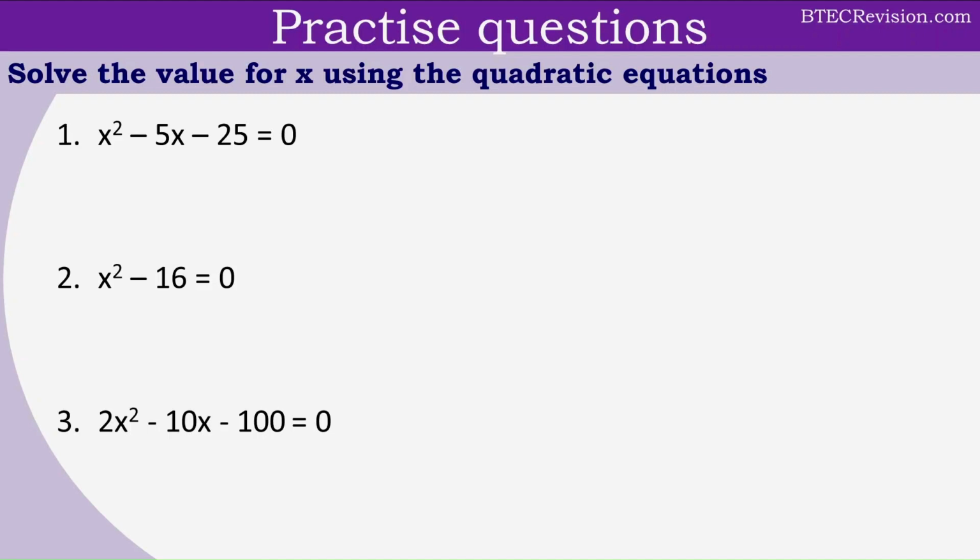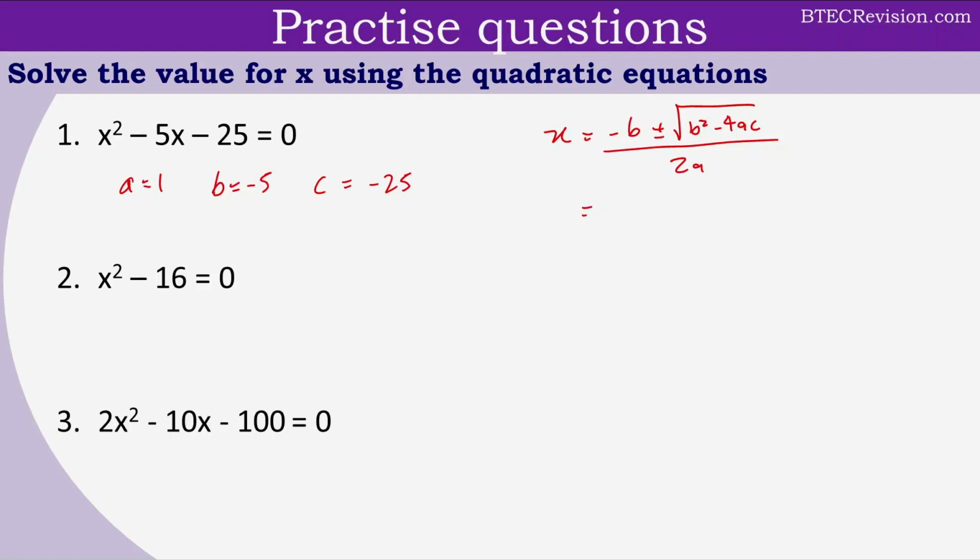Question 1, we can see that our a value is going to be 1, b value is negative 5, and our c value is negative 25. Now we can plug all of this into our equation, which is x equals negative b plus or minus square root of b squared take away 4ac all over 2a.